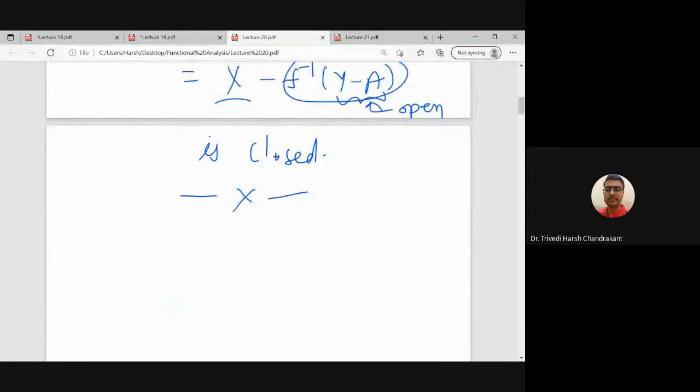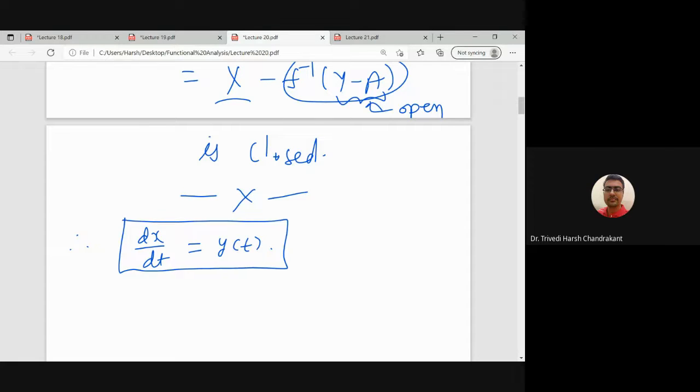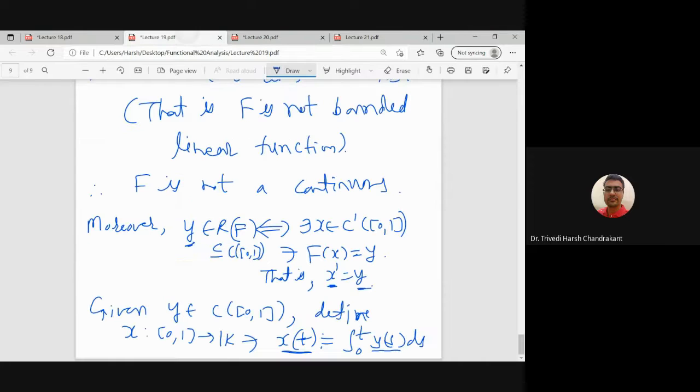So therefore dx by dt is equal to y(t). So this is a function of t. Basically, this means in the other notation, x dash is y. Right. So that is what we were looking for.